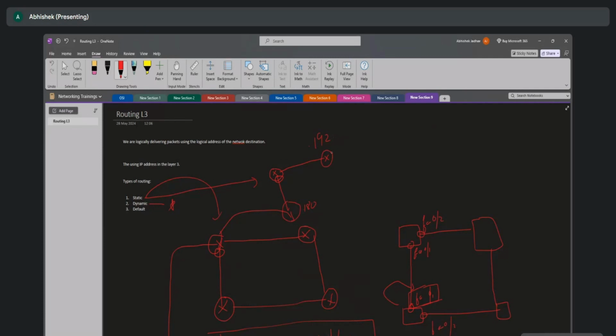So on and so forth, you will be configuring the same thing for this interface also, right? So that is static. So manually, an admin intervenes in order to let the router know what's your next hop and all.